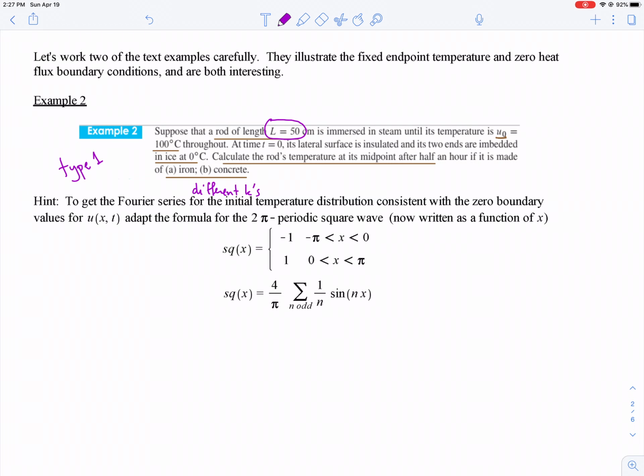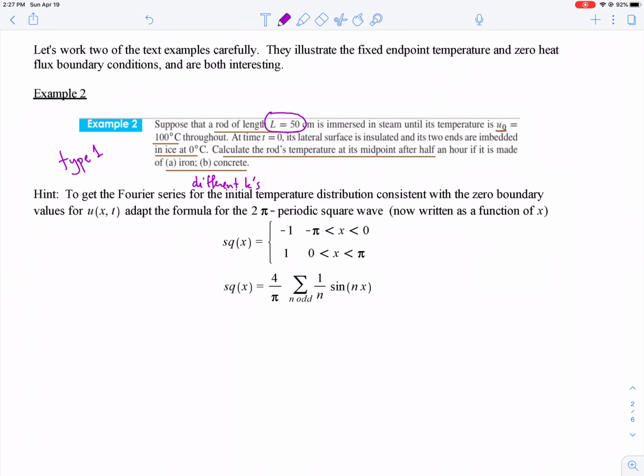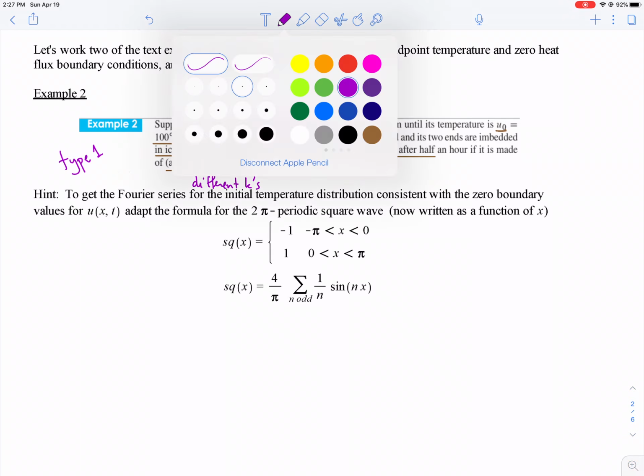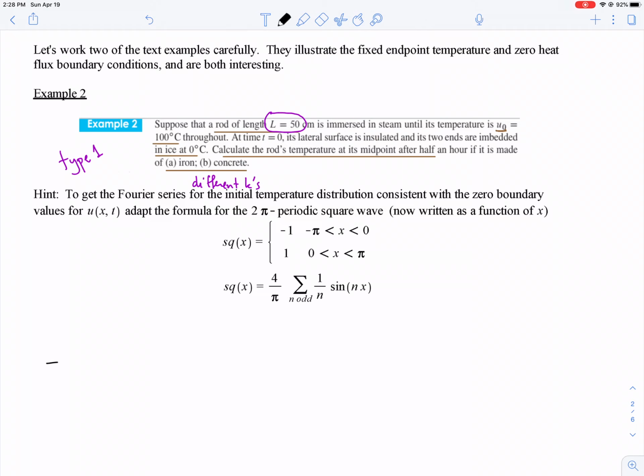Okay, so for type 1, since we have fixed boundary temperatures, let's draw the axis for the actual rod. It's going to go from 0 to L. The initial temperature is going to be U0, which will be 100.